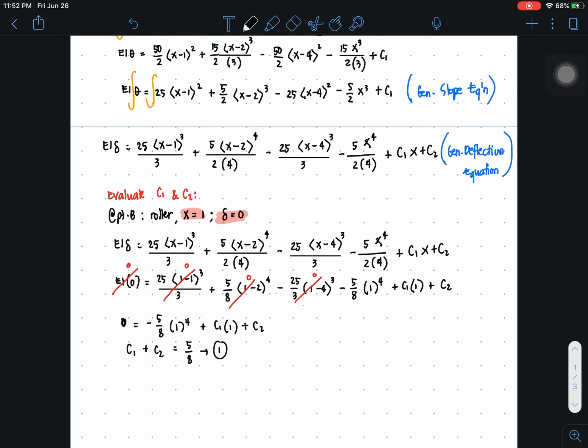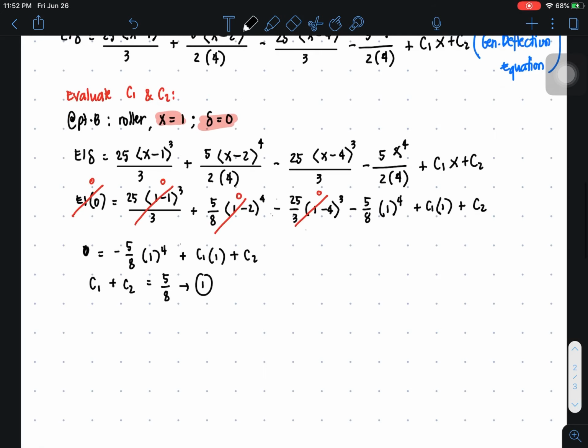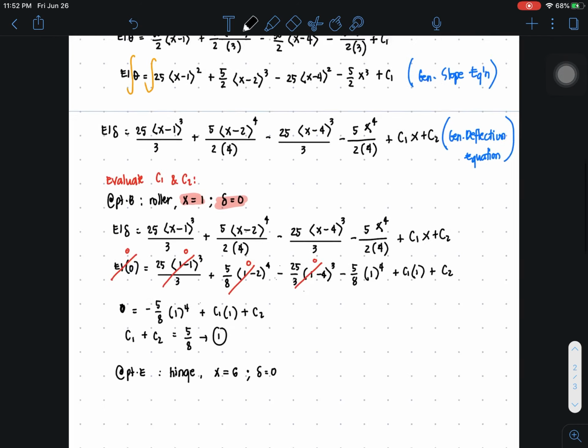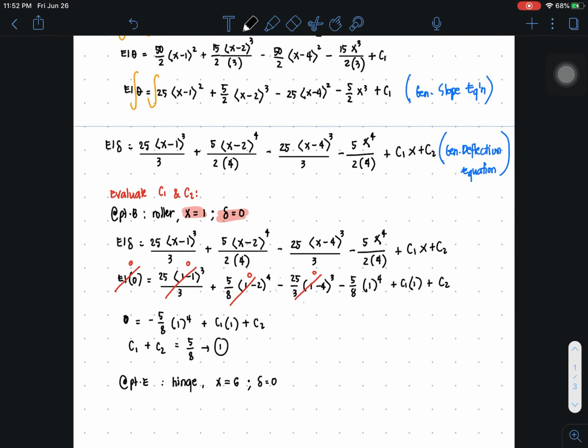Next, we're done with point B. Ang buhaton na to kay we're gonna evaluate at point E. So at point E, there is a hinge. And at hinge, that's x equal to 6. And the value of deflection is 0. So mo gihapon, we need this one, kanisiya.